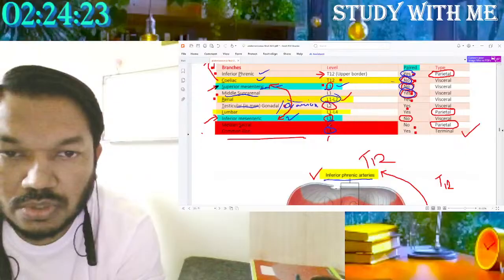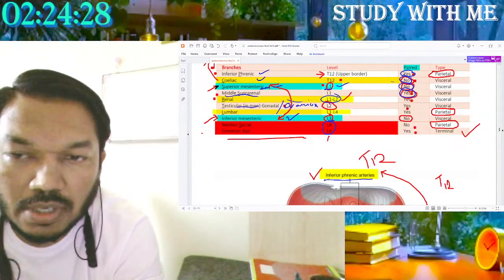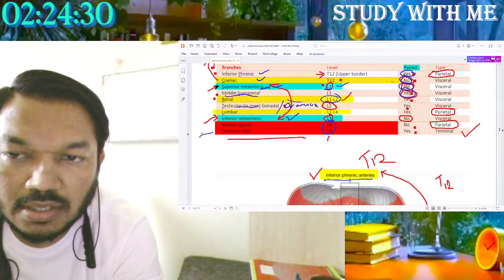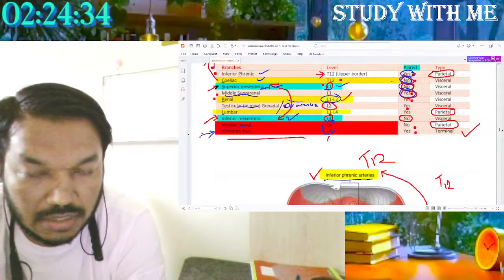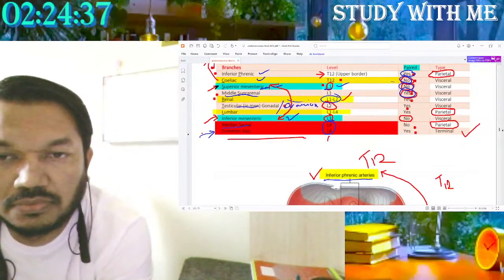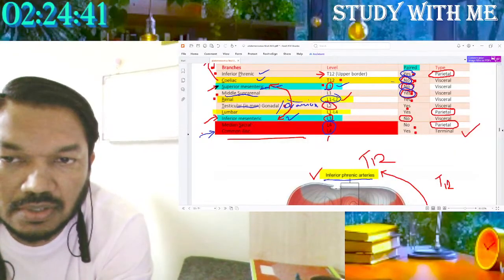Here, mainly you need to know the level. At L4 level there are two: one is the termination, which is common iliac, and another is median sacral, which is the only posterior branch of the abdominal aorta. Then L3 has only one, inferior mesenteric artery.